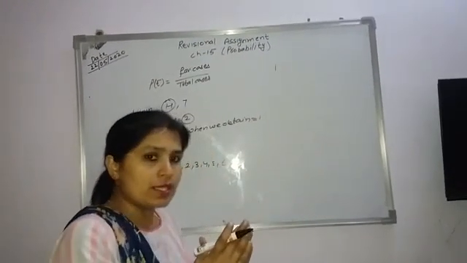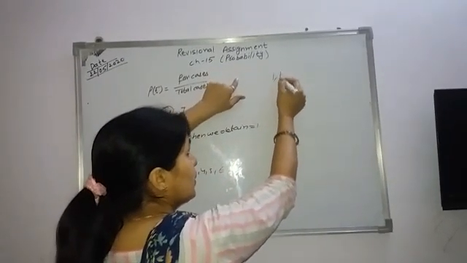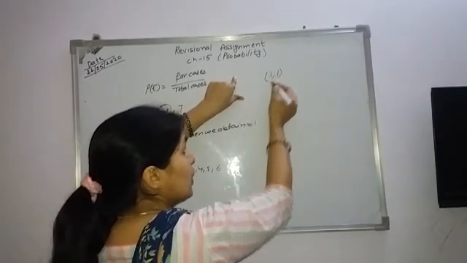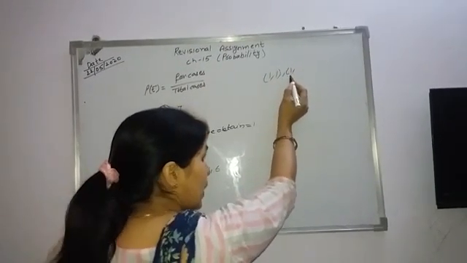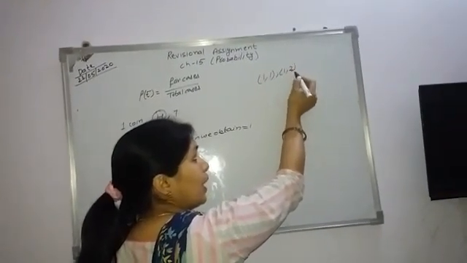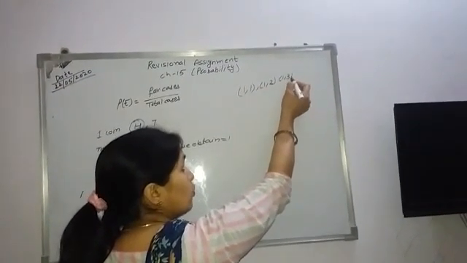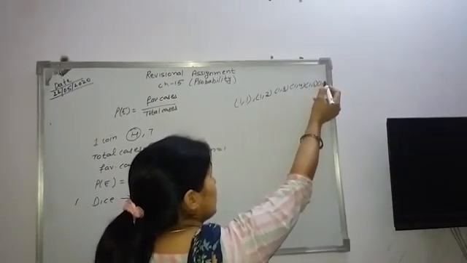Suppose on the first die one number is fixed here, but on the second die this number can be 1. So the first case is 1 1. Similarly, if on the first die we got 1, on the second die it can be 2. Next is 1 3, then 1 4, 1 5, 1 6.